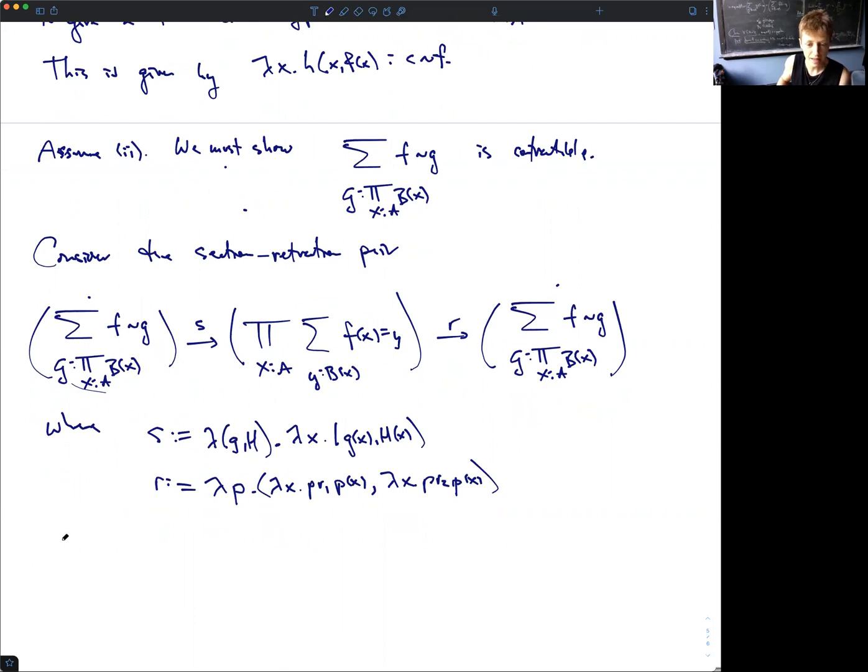Okay, so this composite in the direction that I've indicated, R composed S, is homotopic to the identity function by the computation rules for sigma types and pi types.